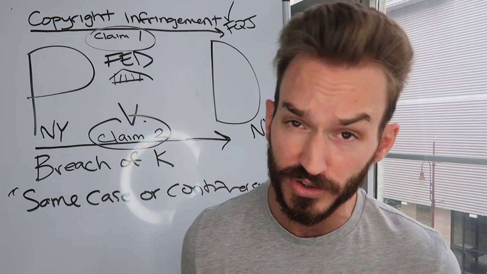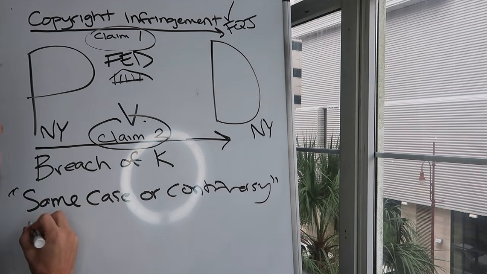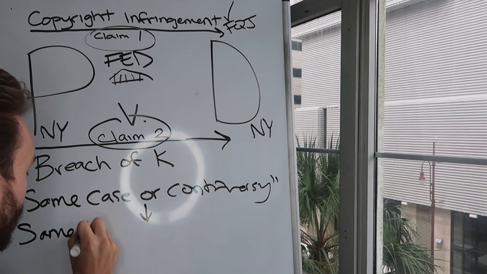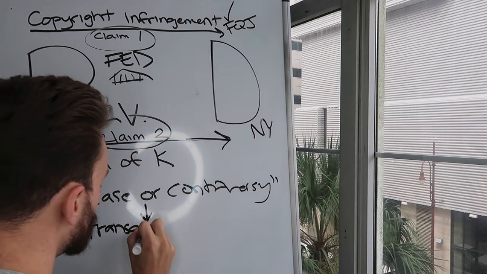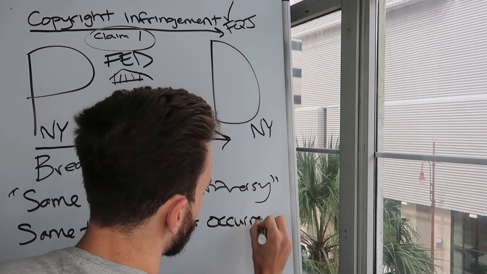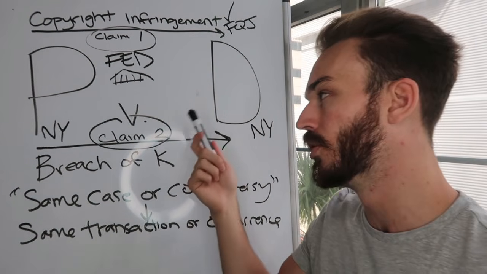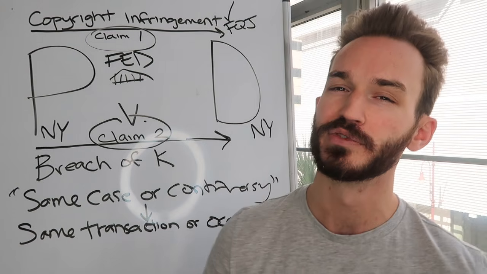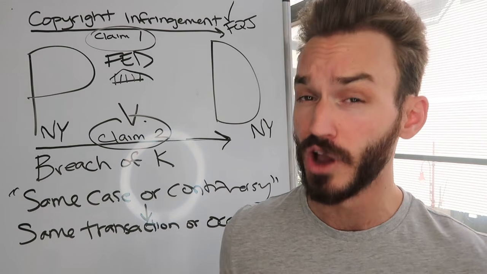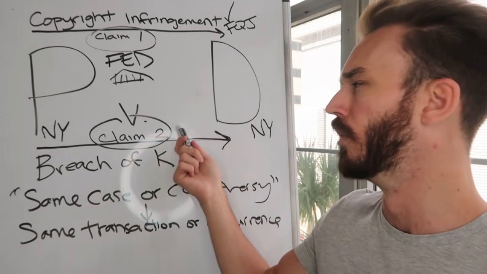But what common nucleus of operative fact really means is if they arise out of the same, let's draw an arrow, same transaction or occurrence. If claim 1 and claim 2 arise out of the same transaction or occurrence, then the claims constitute the same case or controversy, and the federal court is going to have supplemental jurisdiction over claim number 2.